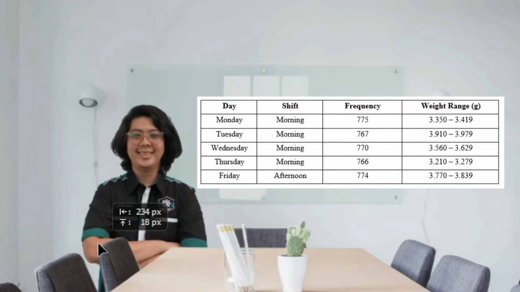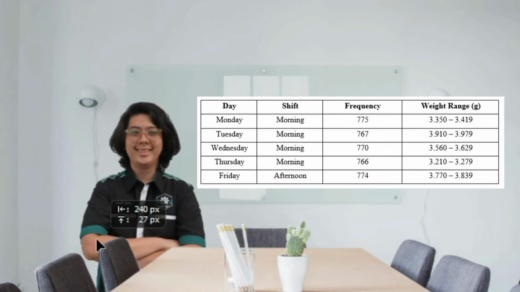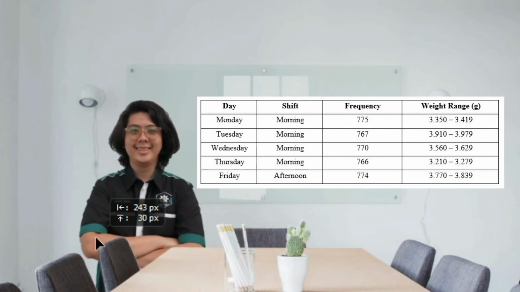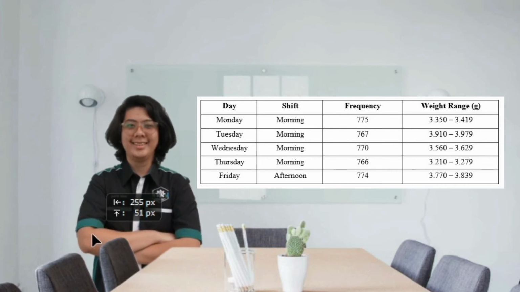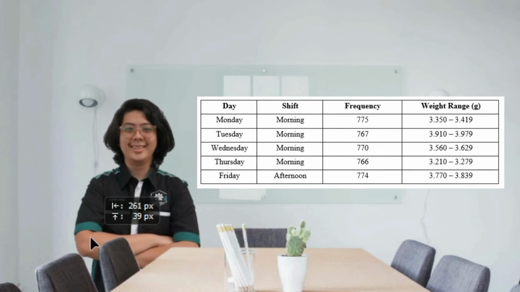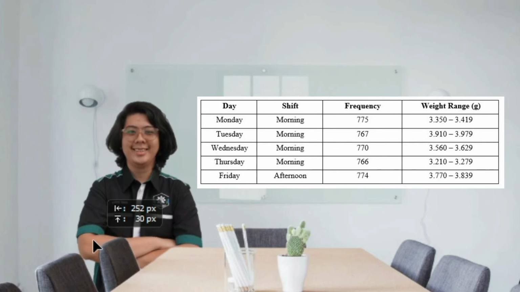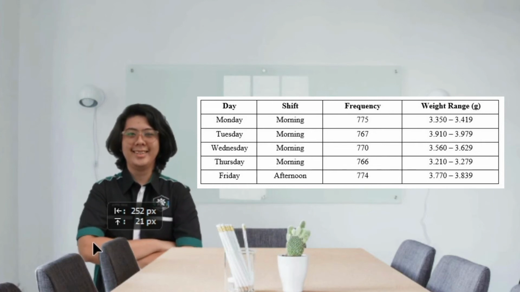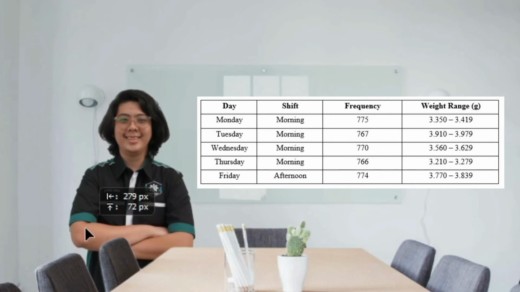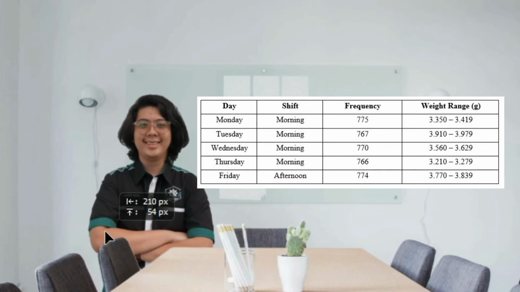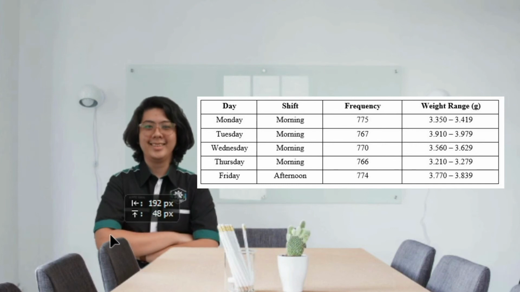For Wednesday, the highest frequency was 770, and the weight range was from 3.56 to 3.629 gram. For Thursday, the highest frequency was 766, and the weight range from 3.21 gram till 3.279 gram. From Monday until Thursday, the highest frequency of memory chip production occurred in the morning shift.